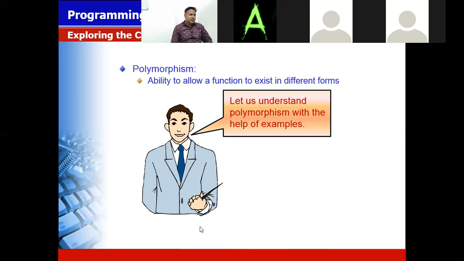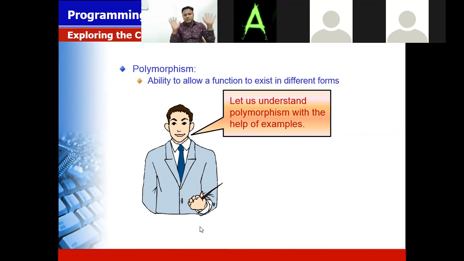This polymorphism is of two types: one is static polymorphism, another is dynamic polymorphism. Static polymorphism is like when you are born, there are common relationships you have: father and mother, grandfather, grandmother, uncles, aunties.